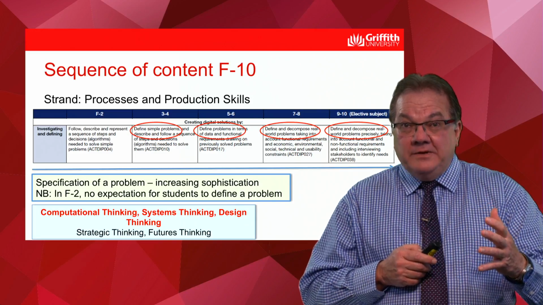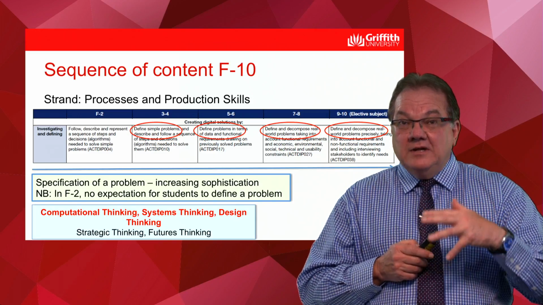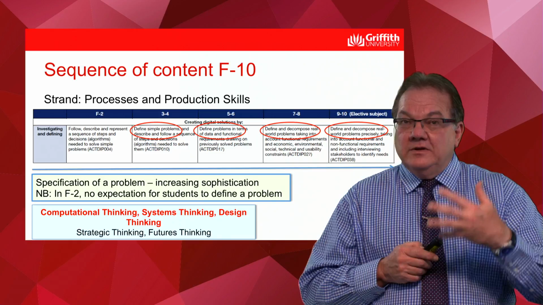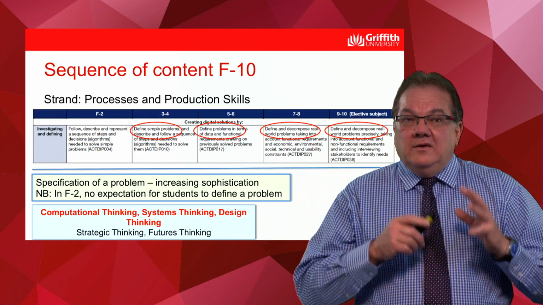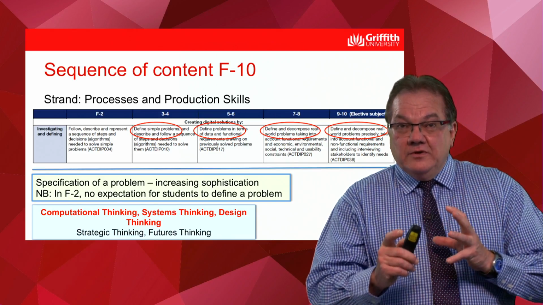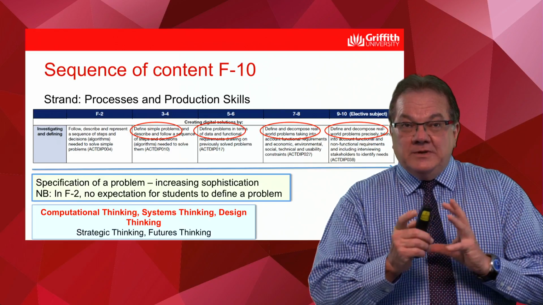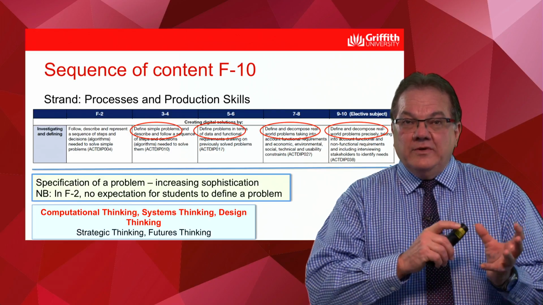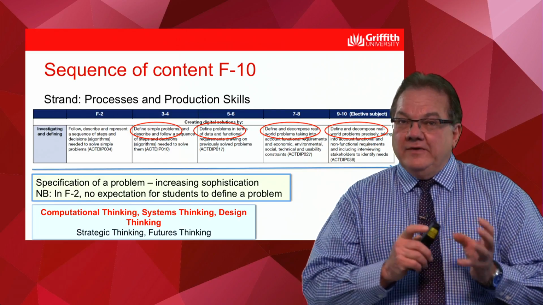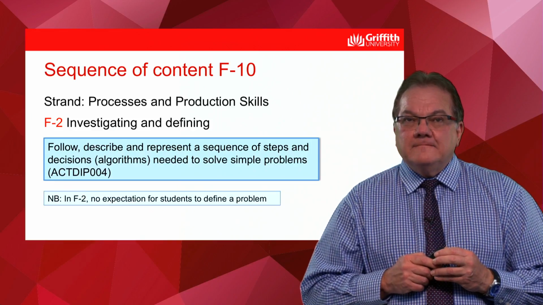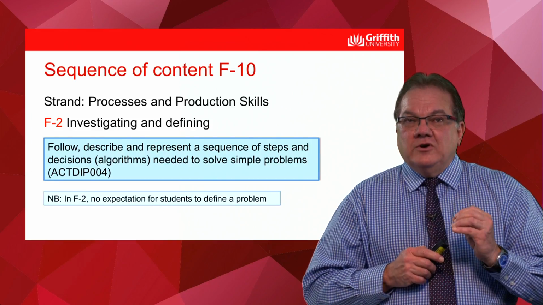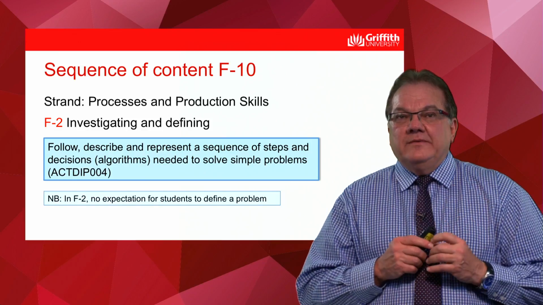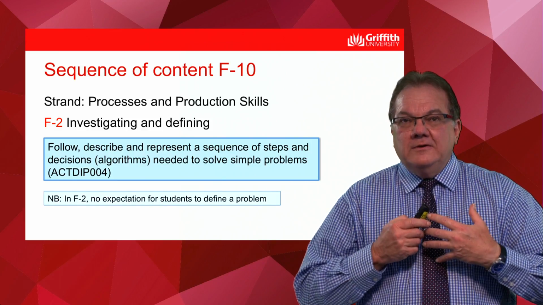And in particular, note in F to 2, there's no expectation for students to be able to define a problem. And this is building through this particular process and production skills, building through those understandings we've developed about those forms of thinking.